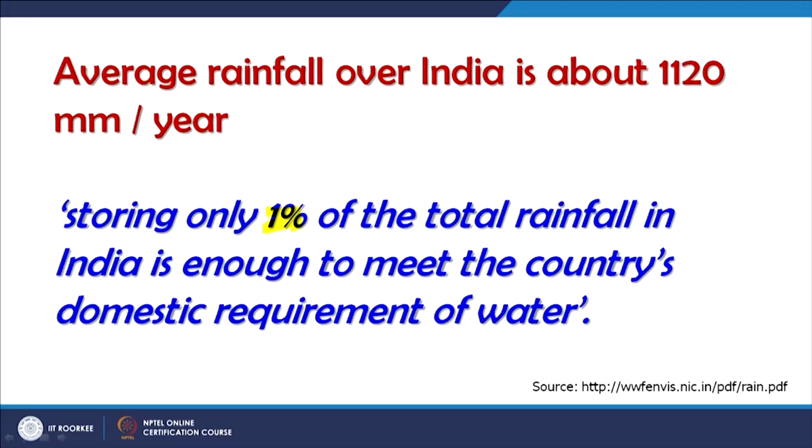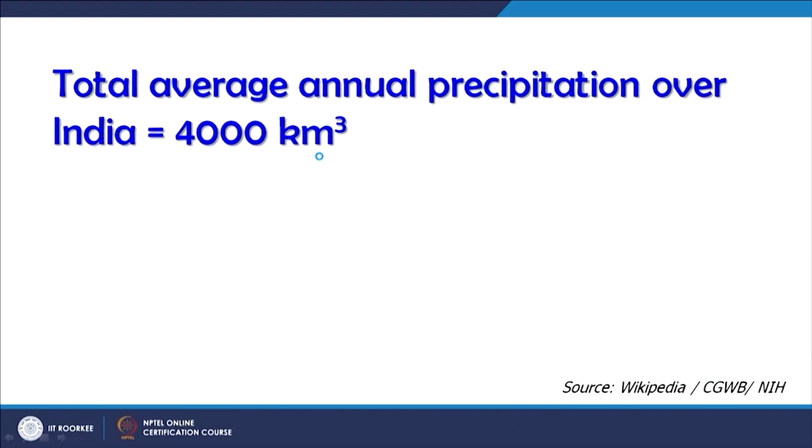But if population keeps rising like this, then we have to do this for maybe 10% of total rainfall rather than just 2-3%.